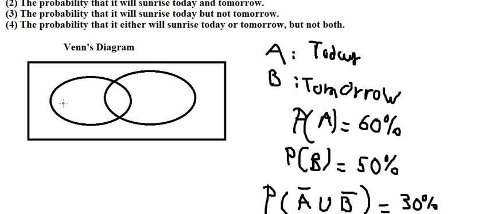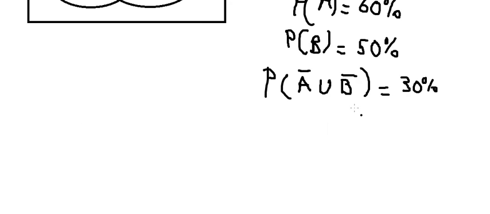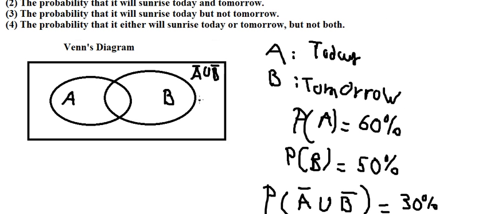So that means here is about A, here is about B, here is about nothing. We know that we have 30%, so that's this area in here.